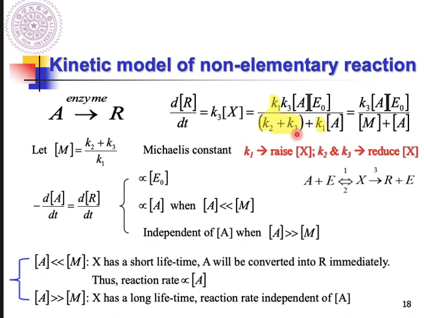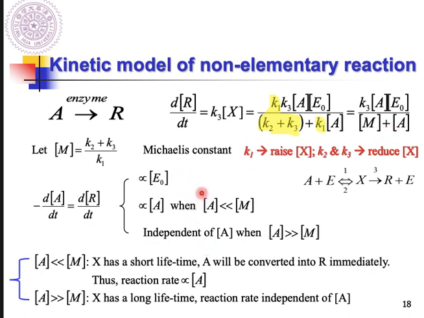Divided by k1, you get (k2 plus k3) divided by k1, which I define as M, and the other term divided by k1 gives 1. So now the generation rate of R, or consumption rate of reactant A, can be expressed like this.